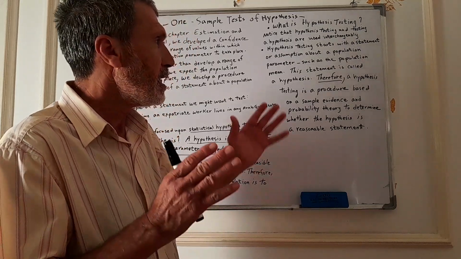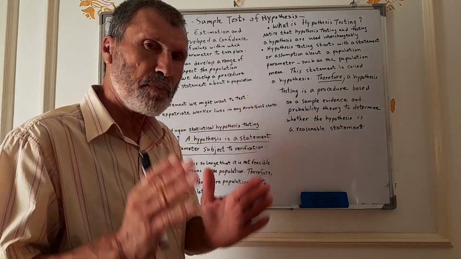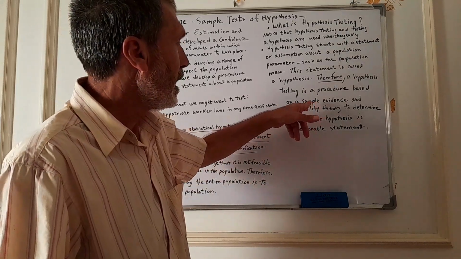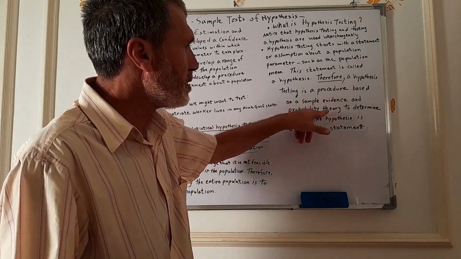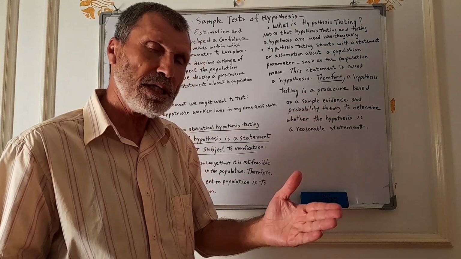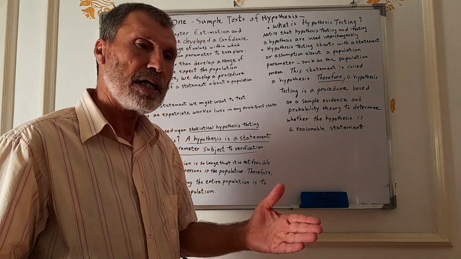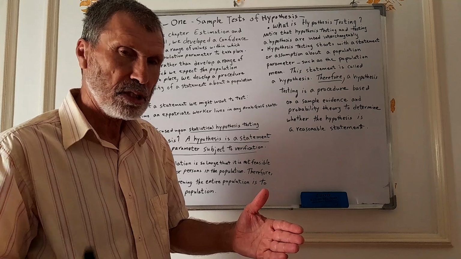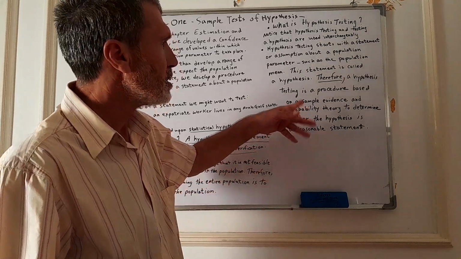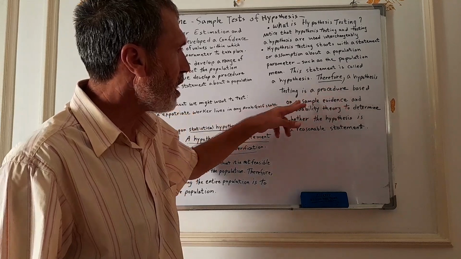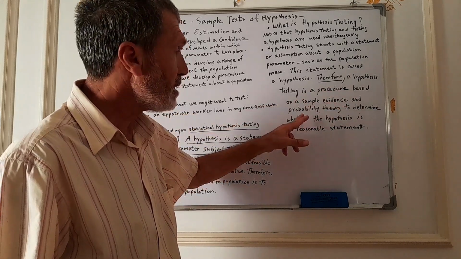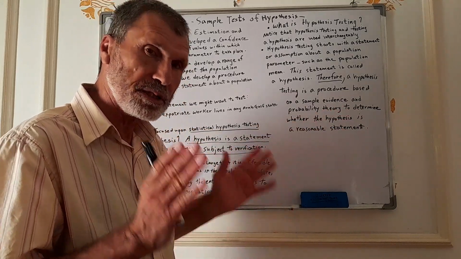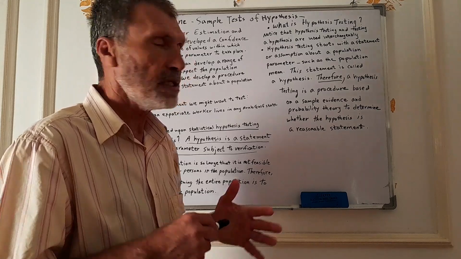So hypothesis testing is going to be based upon a sample taken from that population, on the sample evidence and probability theory. We need to mix probability theory, as we will see shortly, in the 5-step procedure to test the validity of a statement. So it's a procedure based on sample evidence and probability theory to determine whether the hypothesis, that claim or statement, is a reasonable statement.